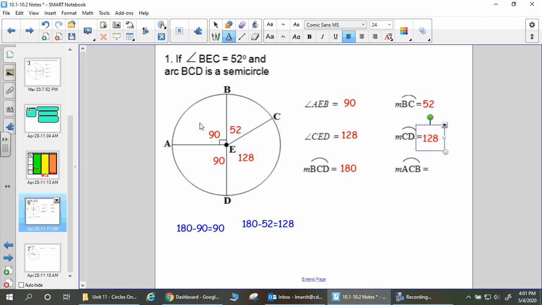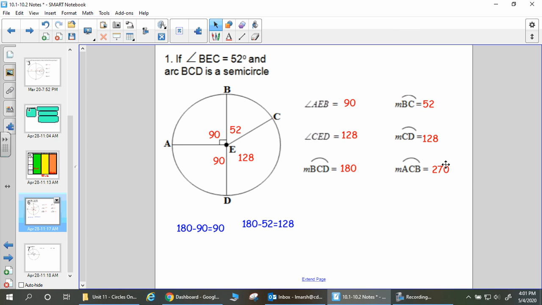Or I know a whole circle is 360, and I could subtract away the 90 degrees here that I don't need. Doesn't matter which way you go about it. Either way, you should get 270 for that arc. These are all technically in degrees. Could you put a degree bubble with everyone? Absolutely. With typing, that's not always as easy for me to do.